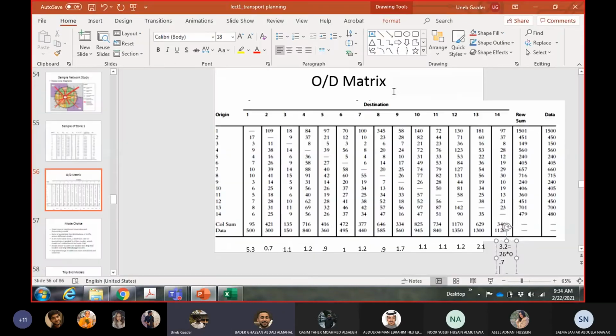Doctor, I did the first iteration for the columns. Now all the factors are 1. The column and the data are equal. But I have to do another iteration for the rows. Yes, yes. Can you share the screen? Yes.